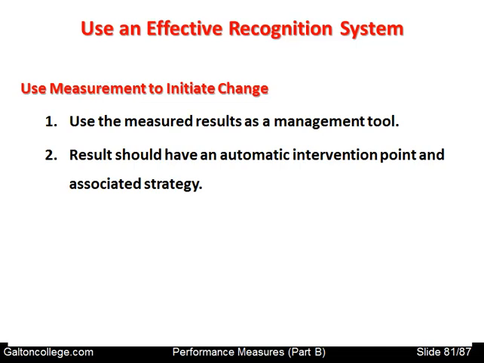But it may also be the case that simply the fact that some areas are not hitting their required performance levels, that the feedback will require automatic intervention on the part of management. It'll trigger intervention. Management will want to know why, what's happened here, what's gone wrong, and try to put in some sort of corrective mechanism to see that it's fixed and it won't happen again in the future.